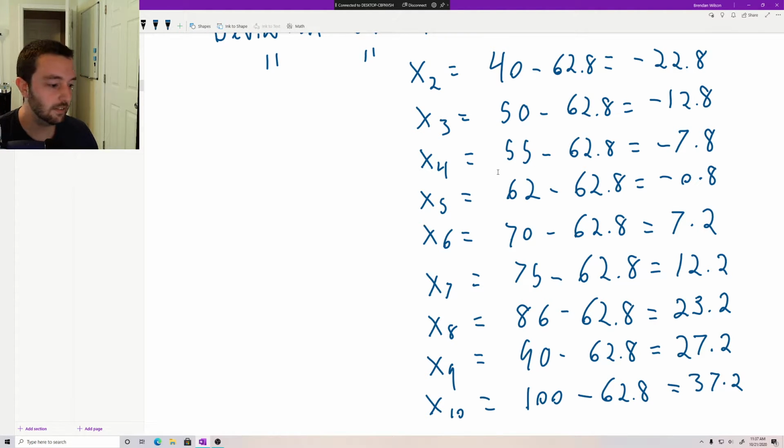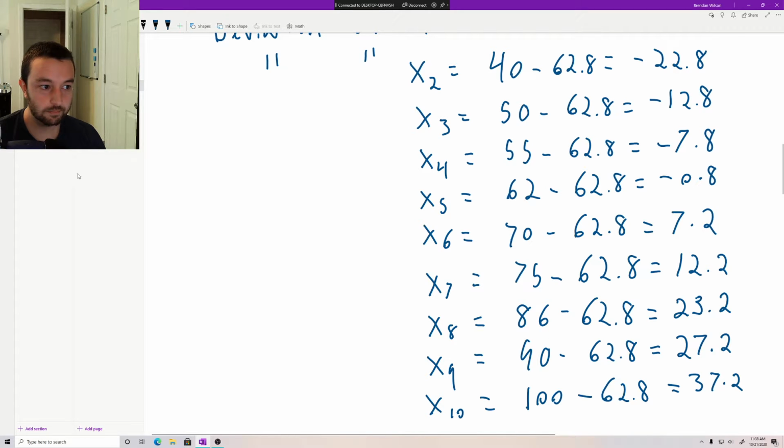Because the sum of the deviations is 0, if you add all of these up, you get 0. Then if we know n minus 1 of these, we can figure out the last one. Okay, so that's where we're getting the degrees of freedom from. In this case, because we know these all add up to 0, if we know at least 9 of them, then we can find the 10th one. Okay, so that's how we figure out the degrees of freedom.